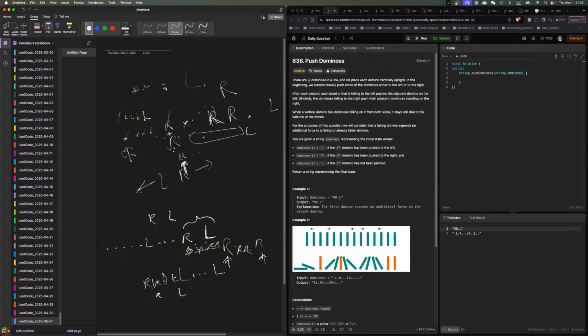So the high will stop at the L, then I check the low, or the high reaches an R, right? If the high reaches an R, then everybody should just remain as they are, right? Everybody remains as they are, and then we'll put the low into the R, and then I keep going.